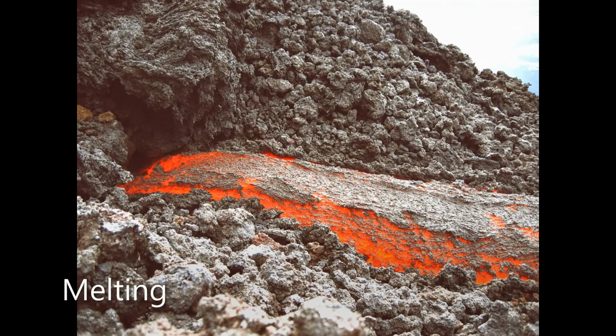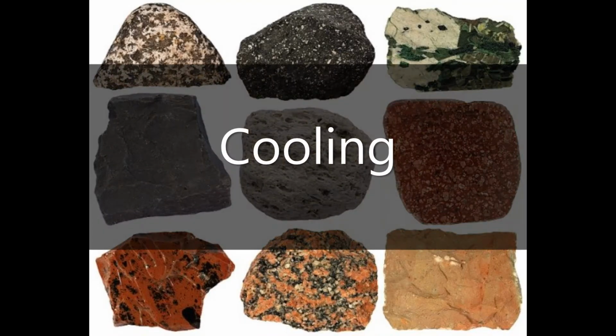The sedimentary rock is then pressurized and heated and turned into metamorphic rock. The metamorphic rock melts and turns into magma. The magma erupts from a volcano and cools on the Earth's surface to form igneous rock.